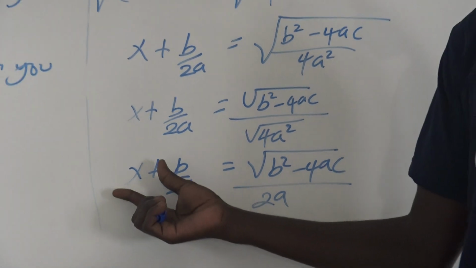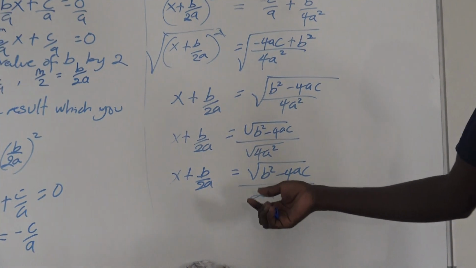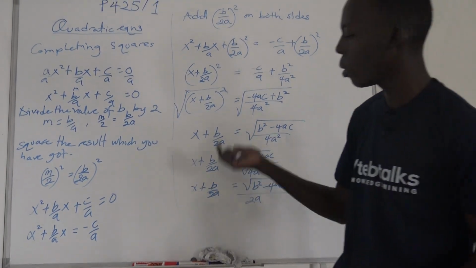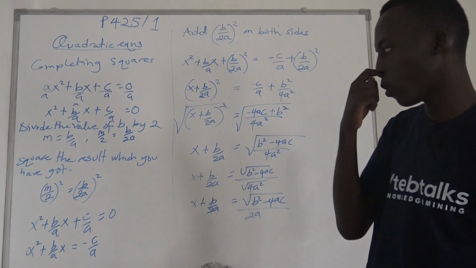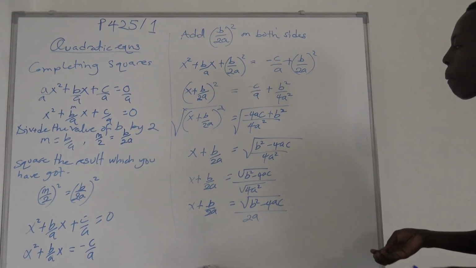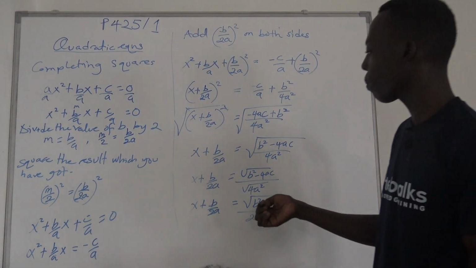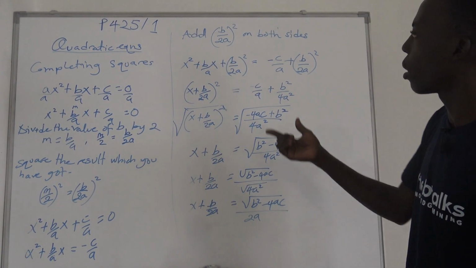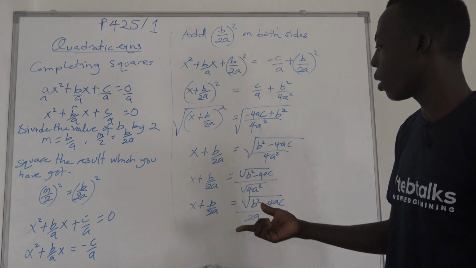So we need now to get the value of x. Here we are making x the subject. The purpose of doing this, we are making x the subject, and also we are making use of completing the squares.